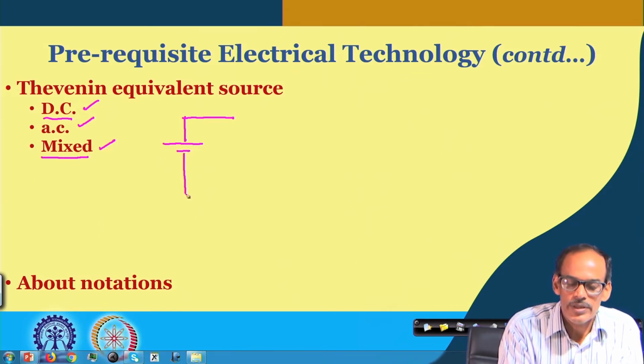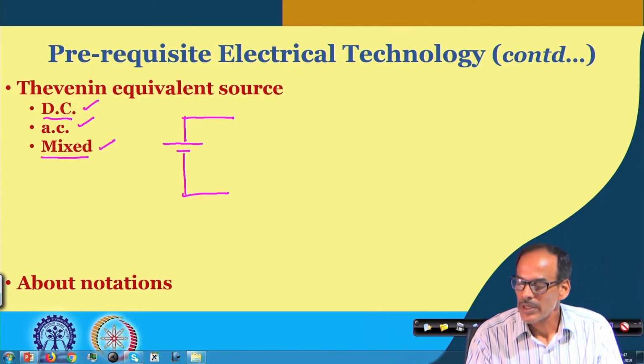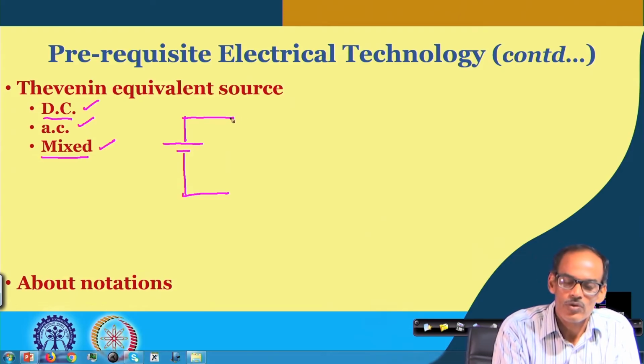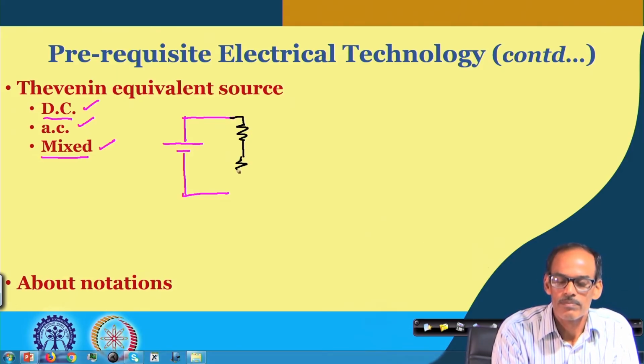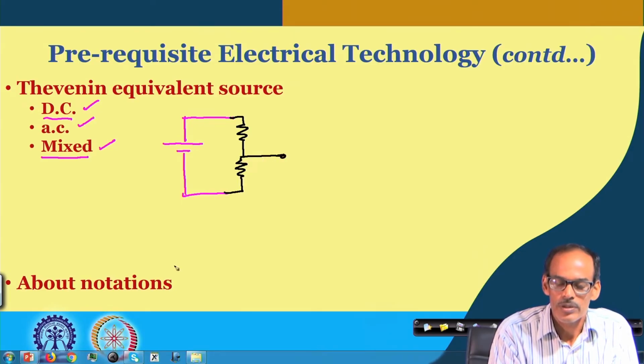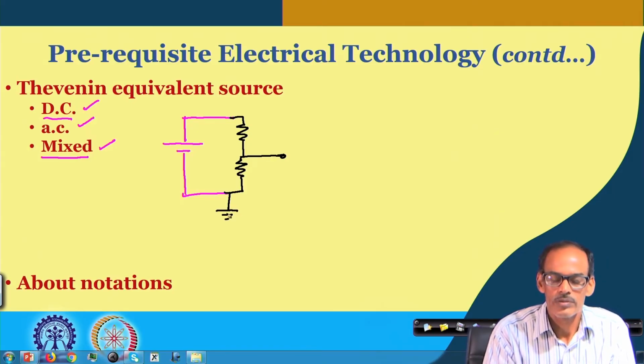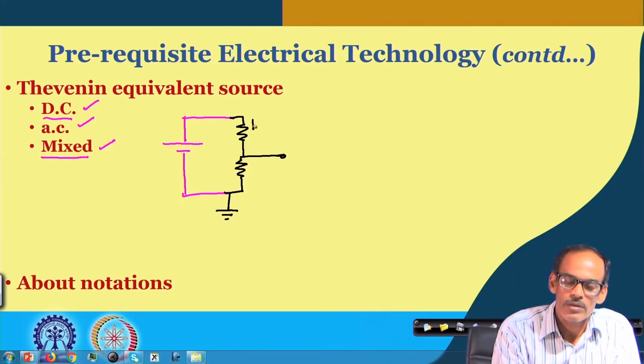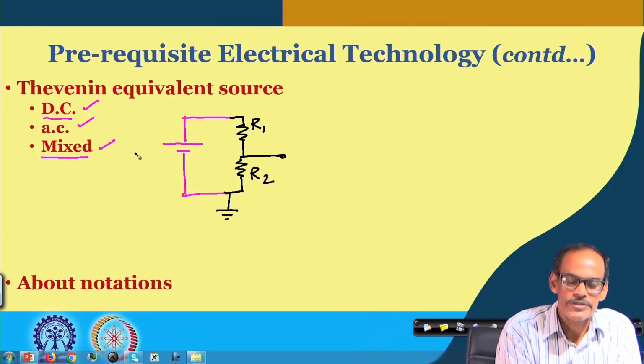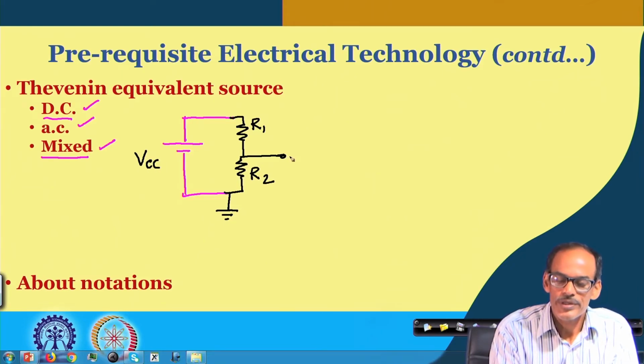and it is connected across two elements, say R 1 and R 2. So, we have R 1 and then R 2, and suppose this is our output node. This may be the common node, ground, and suppose this is the supply voltage VCC. So, what is the voltage here you will be getting?